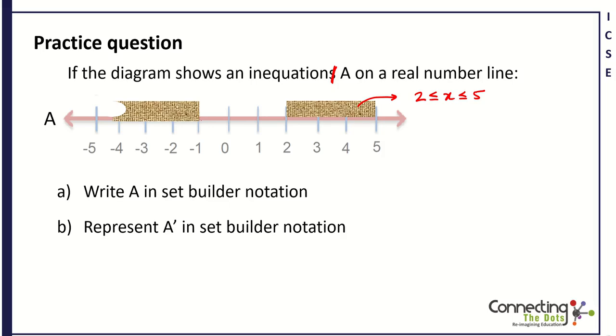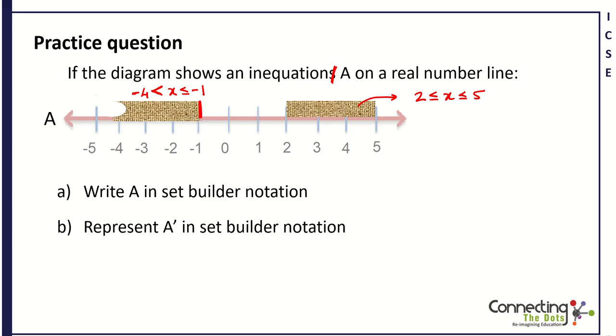We can write this as follows: negative 4 is less than x less than or equal to negative 1. You see, at the negative 1 side, the value negative 1 is included. That's why this became less than or equal to, whereas negative 4 is not included, so it is just less than. So these are the two sets of values that are included in set A.